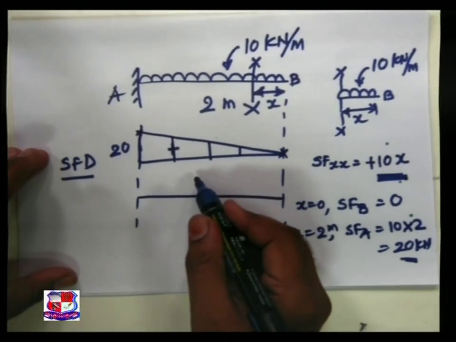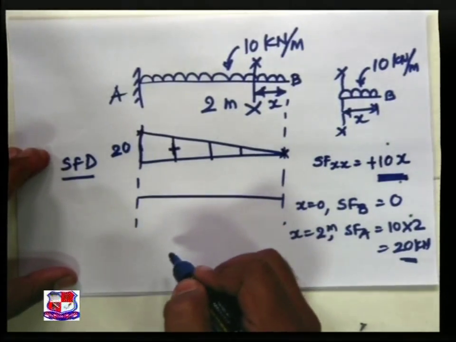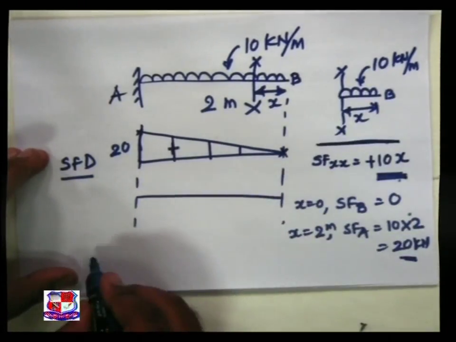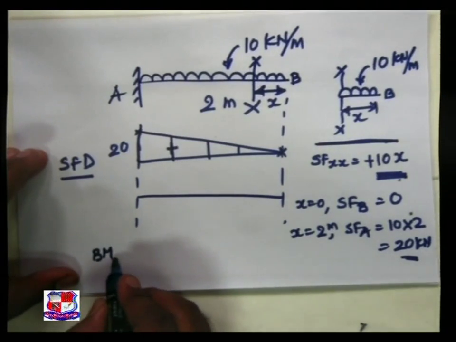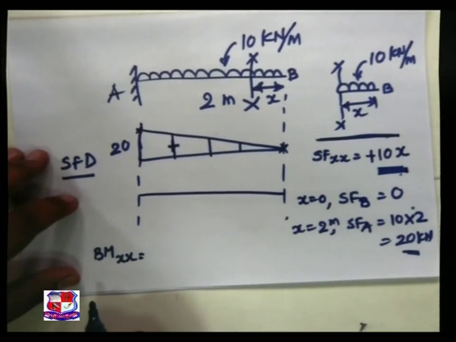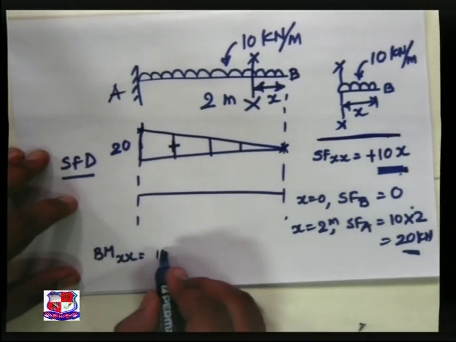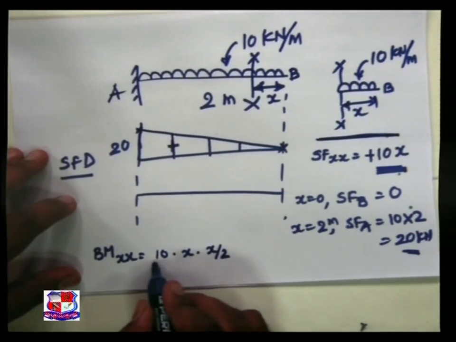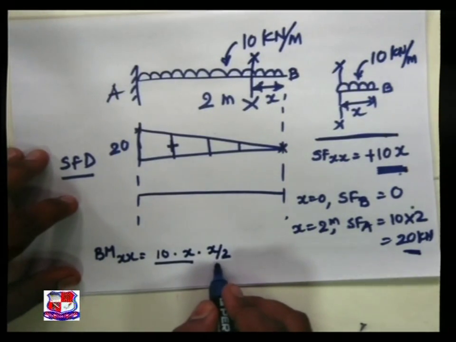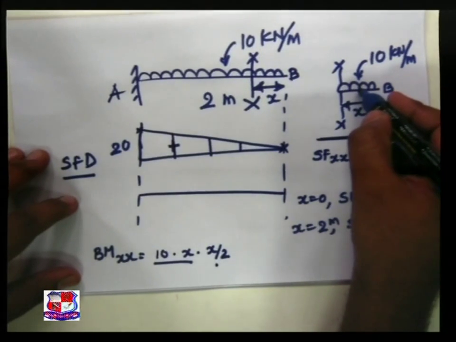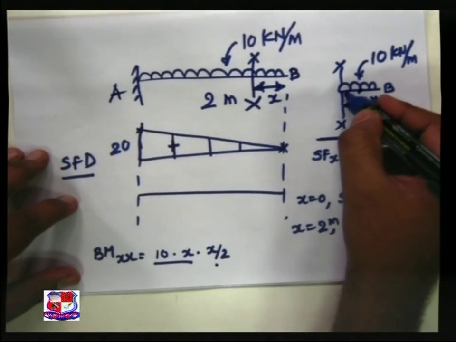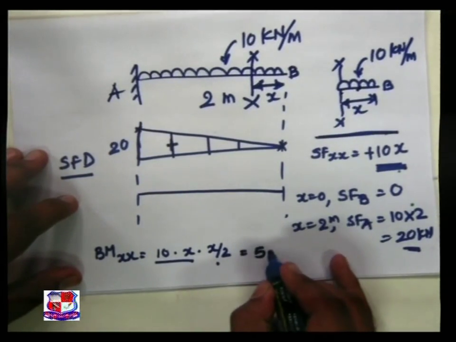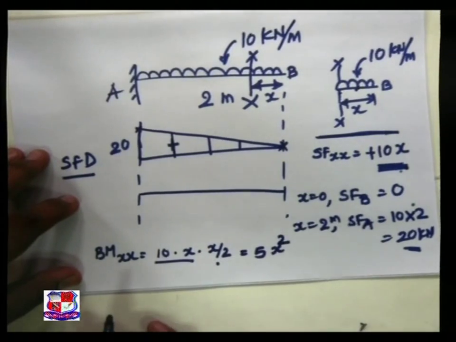Positive values above the baseline, negative values below the baseline. Referring to this section from the right side, the bending moment at section x is equal to 10 into x by 2, because this is the load multiplied by the perpendicular distance, that is, CG of load to the reference axis, x by 2, and this is equal to 5x square.